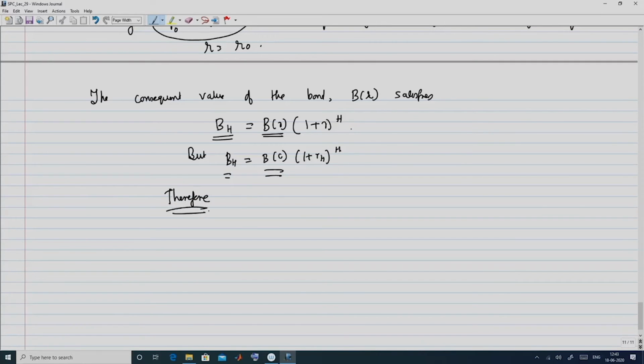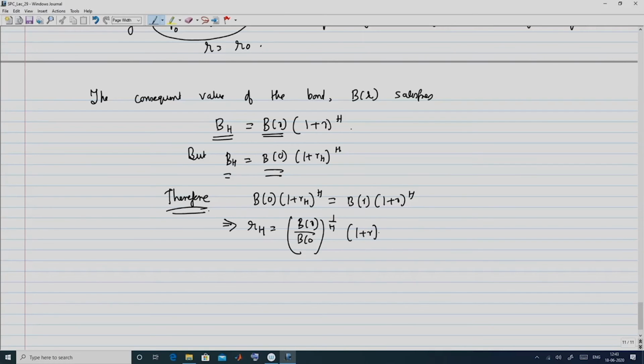We can equate both expressions for BH and get B0 into 1 plus RH raised to H is equal to B of R into 1 plus R raised to H, which implies that RH is equal to BR over B0, raised to 1 over H, into 1 plus R, minus 1.